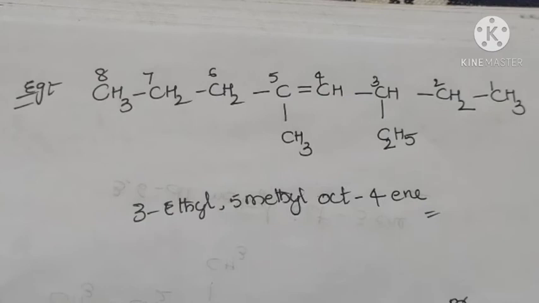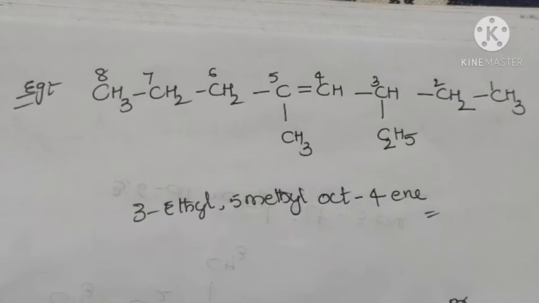So 1, 2, 3, 4, 5, 6, 7, 8. This carbon long chain contains 8 carbons, so oct. And the double bond is present between 4 and 5, so oct-4-ene.